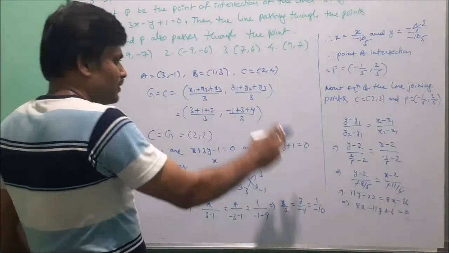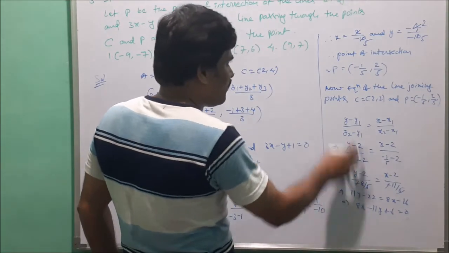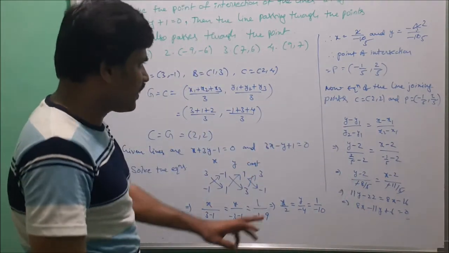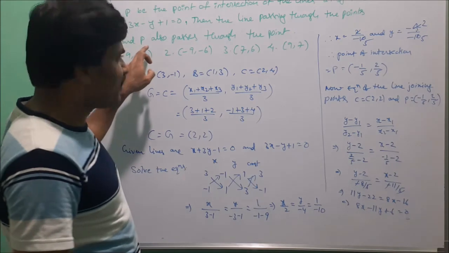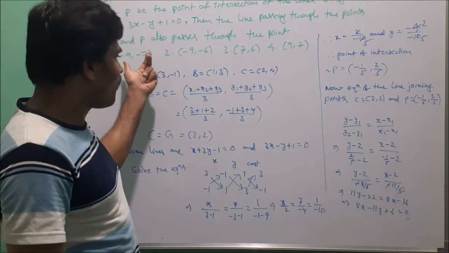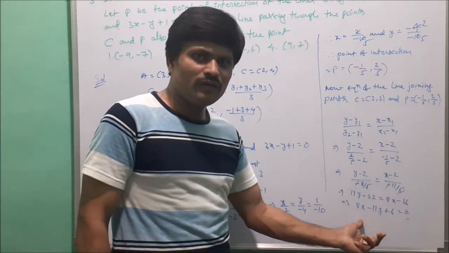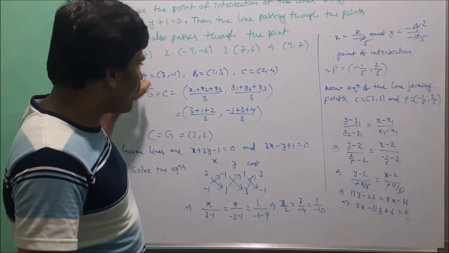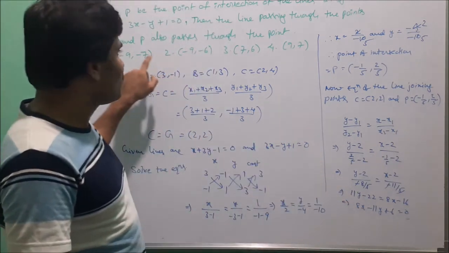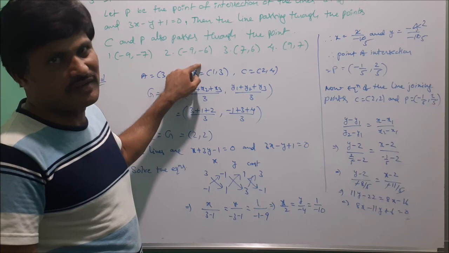Now this line passes through the points P and C. So we go to the verification method: substitute the option points in this equation, and the point which satisfies it is our answer.